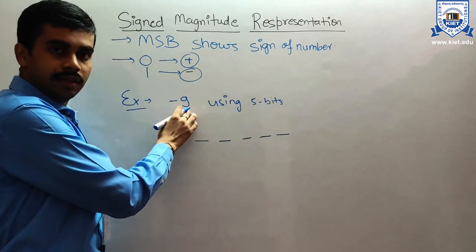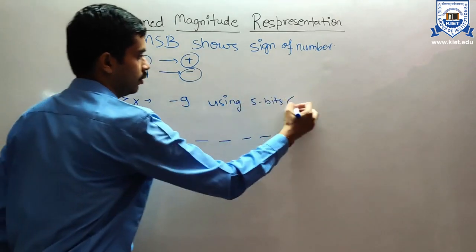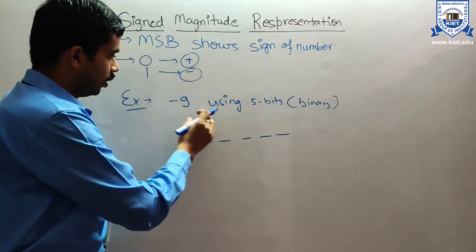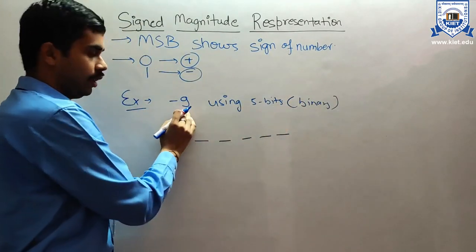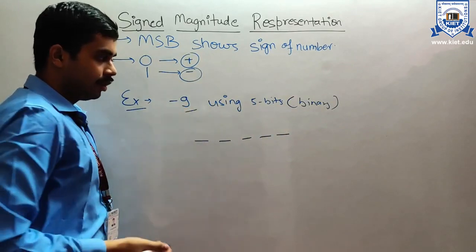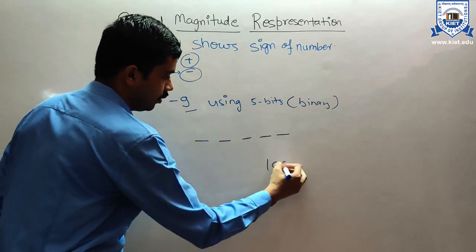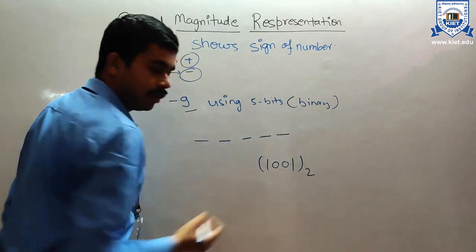Now minus 9, you have to do it in binary. So first there is 9 given as the magnitude. The magnitude of 9 in binary is 1001 base 2.